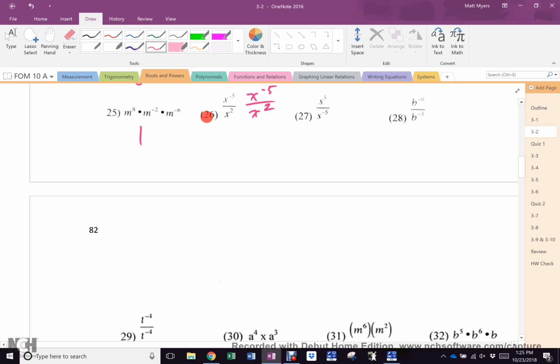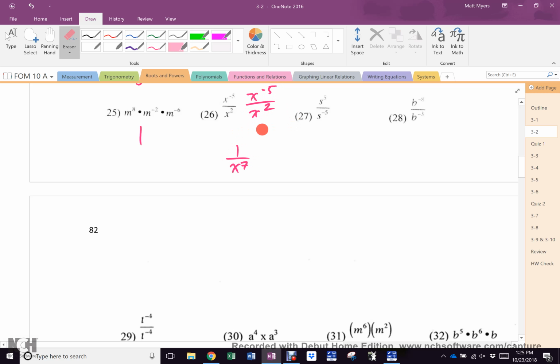No, we're on 26. I'm sorry, I couldn't hear you. Somebody's talking. Nope. What do I do with the exponents? Subtract them. What is -5 minus 2? -7. X to the -7 cannot exist, so it is 1 over x to the 7th.